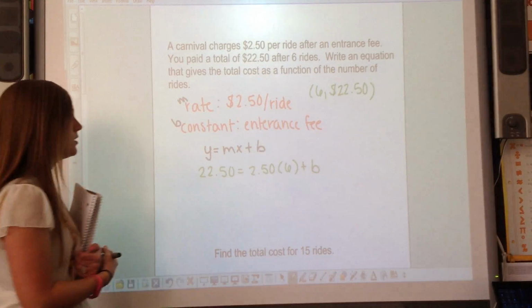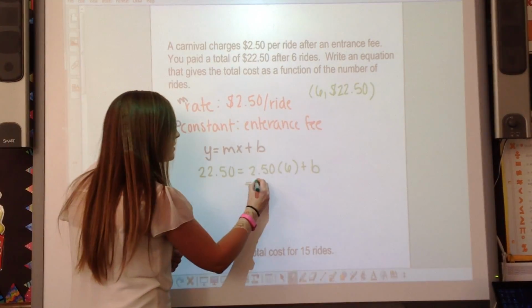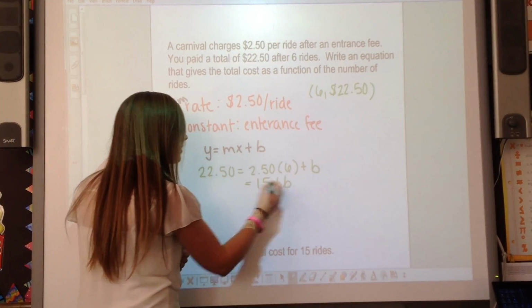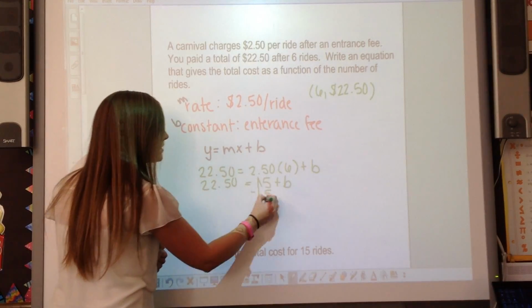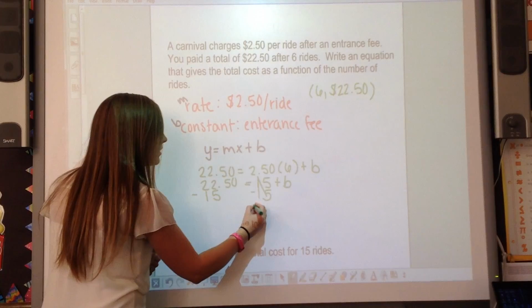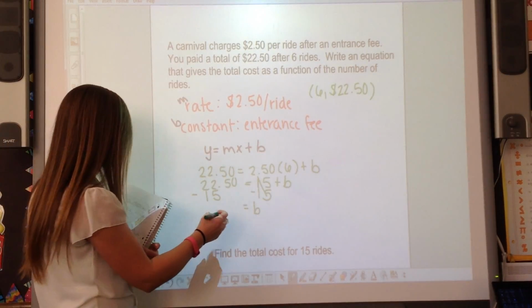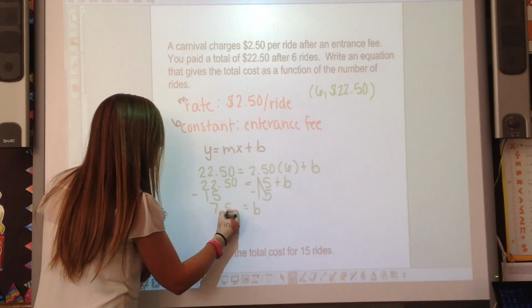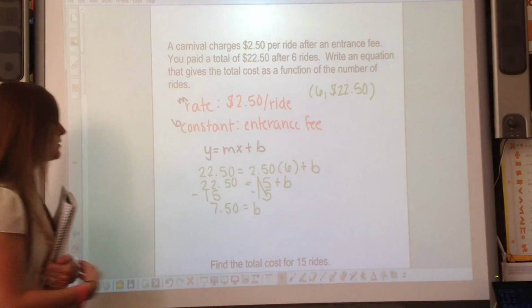Solve for b. $2.50 times 6 is 15. Bring 15 to the other side to find b. And we figure out that b is $7.50. So to get into this park, it costs us $7.50.